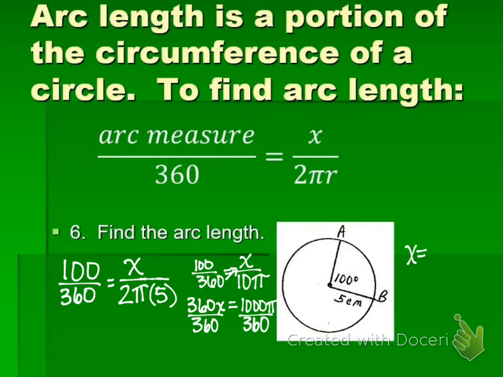I need someone to raise their hand to tell me what they get for x. David. I'm not sure if it was right, but I got 8.72. Did anybody else get 8.72? What would our units be? Centimeters squared? No, just centimeters because we're not finding area.